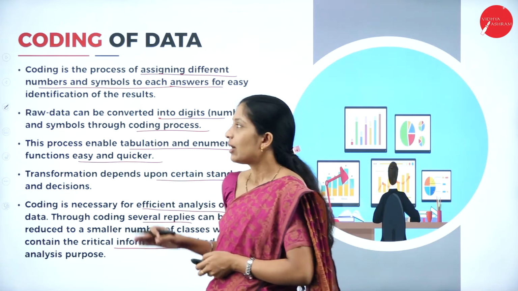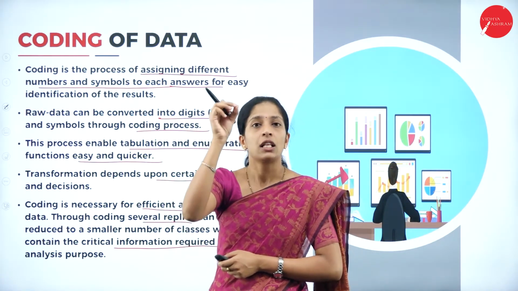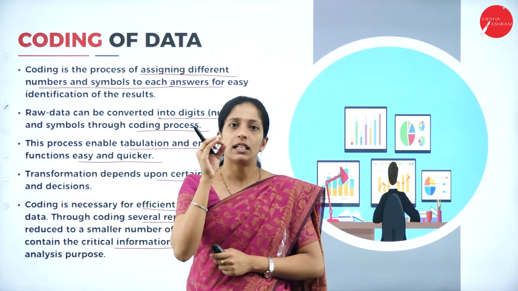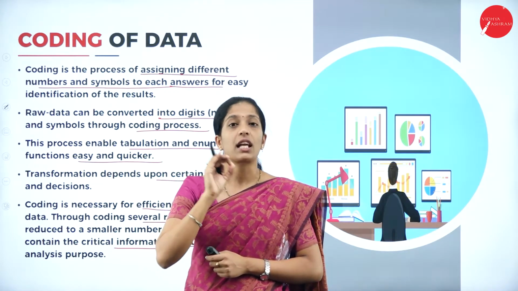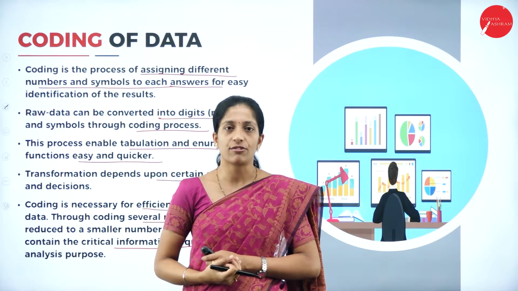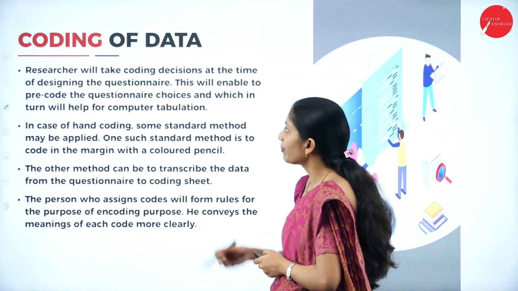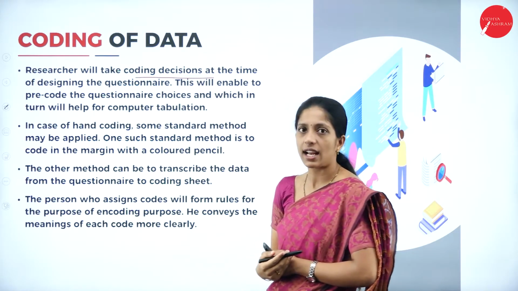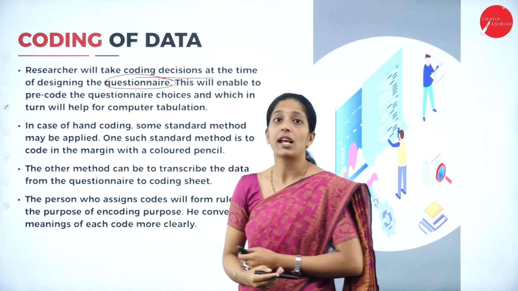If you have seen a questionnaire, the questions will be serially arranged 1, 2, 3, 4, and the options also A, B, C, D, or identified with any other pictures or bullets. That process is called coding of data. The researcher will take coding decisions at the time of designing the questionnaire. As I've already told you, this is known as pre-coding.